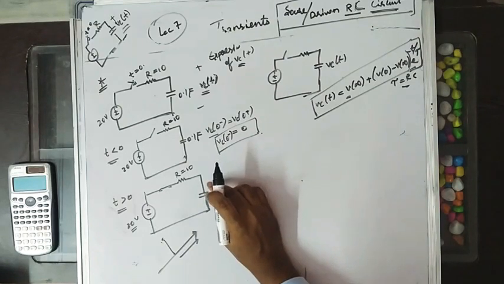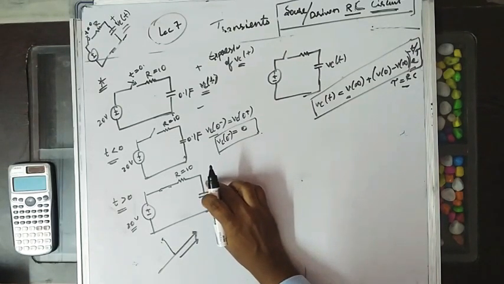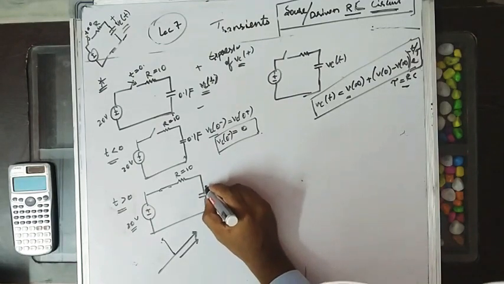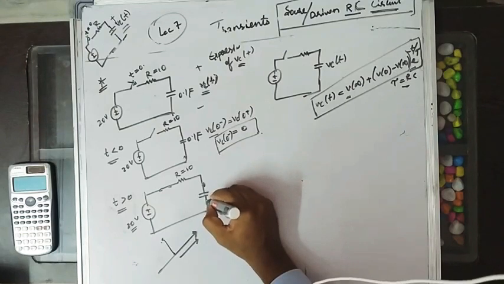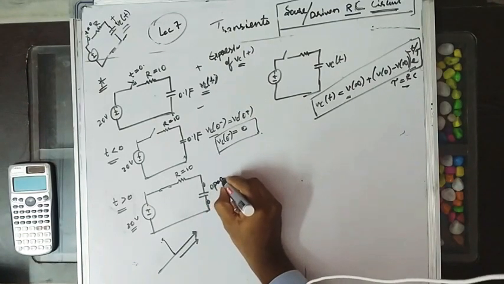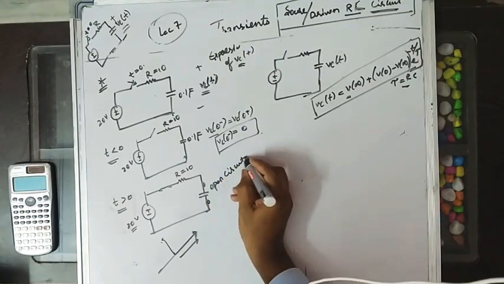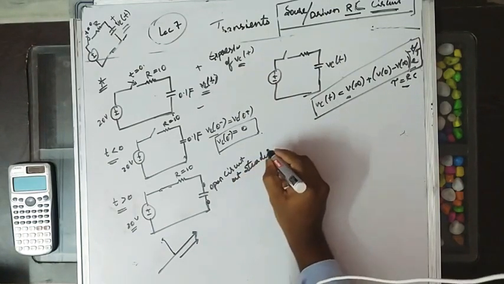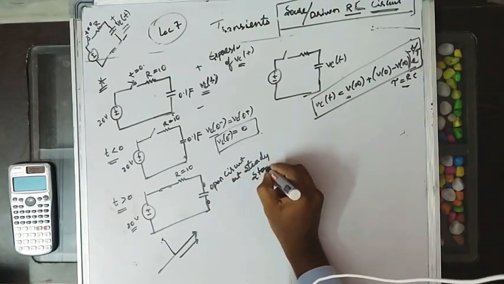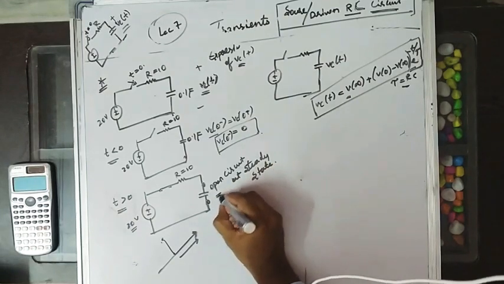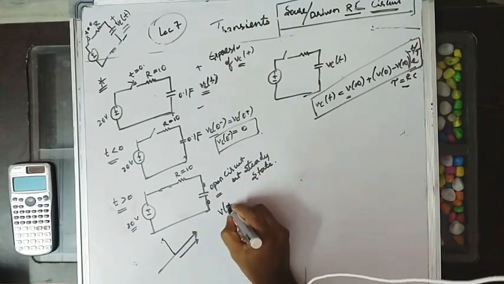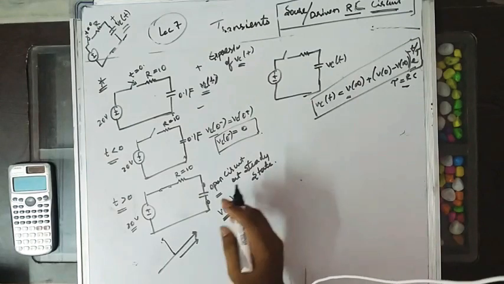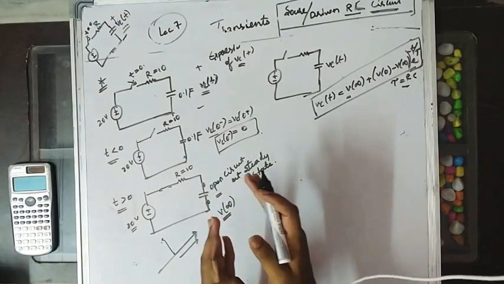There will be no change in current in the capacitor. At that steady state, this capacitor will behave as an open circuit. So the value of the voltage across the capacitor at steady state, V of infinity, we will take. That means it is charged for some interval of time.